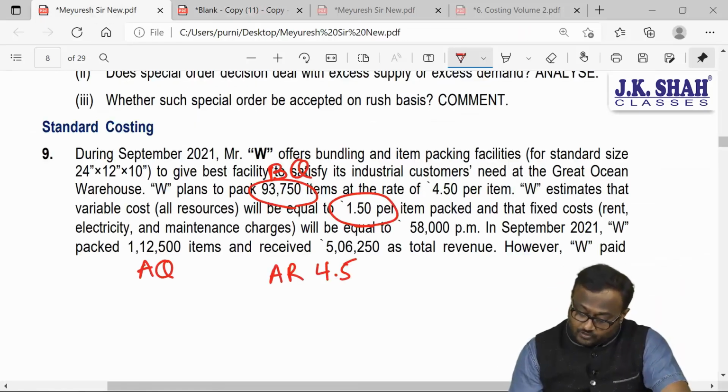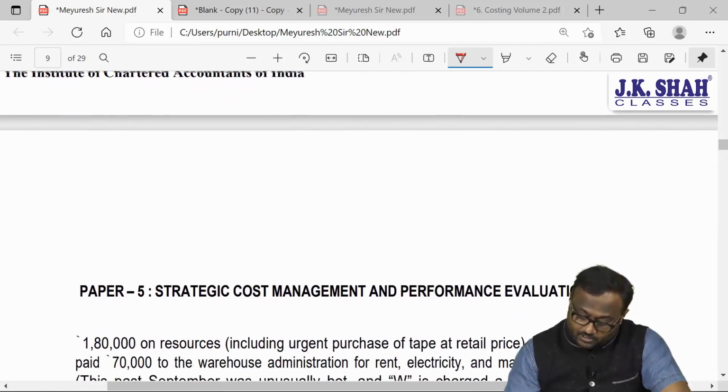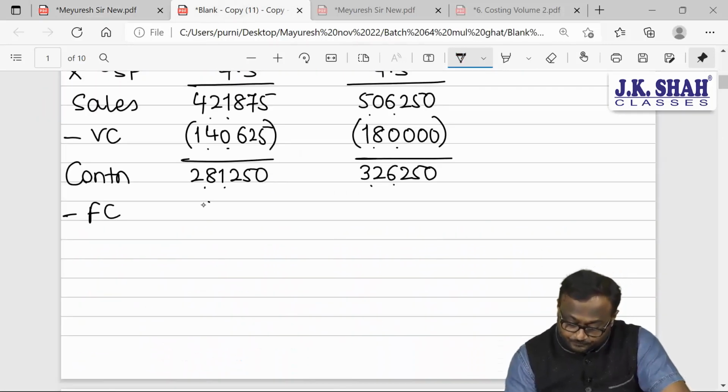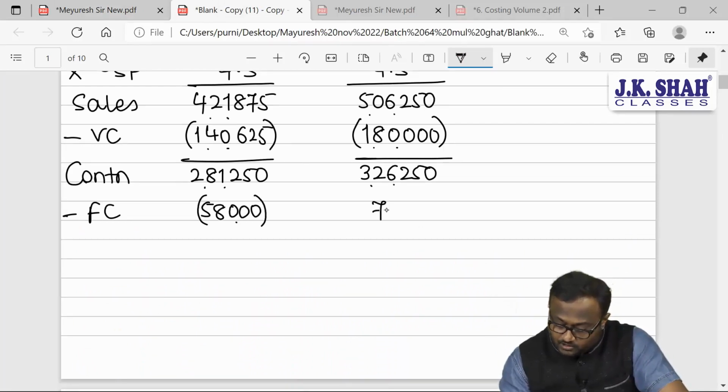I was expecting fixed cost to be 58,000, but actually it is 70,000.